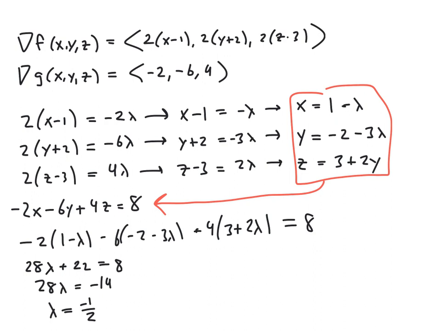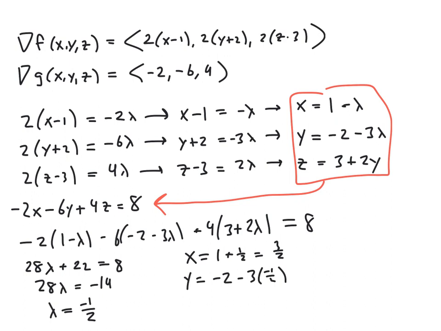All right, so if lambda is negative 1/2, we can then take lambda, substitute it back into the three equations in the red box, and have the point that we need. All right, so our point, we have x being 1 minus lambda, so that would be 1 plus 1/2, so 3/2. We have y is negative 2 minus 3 times negative 1/2.